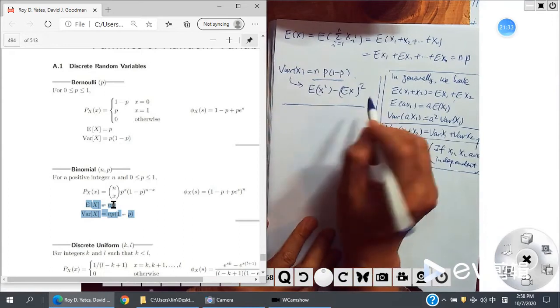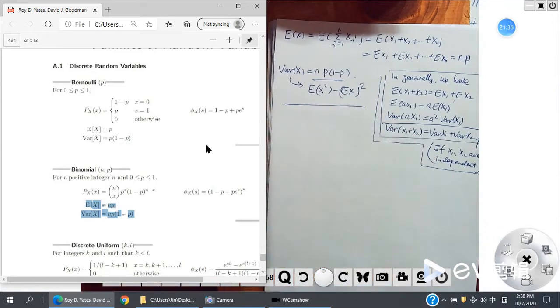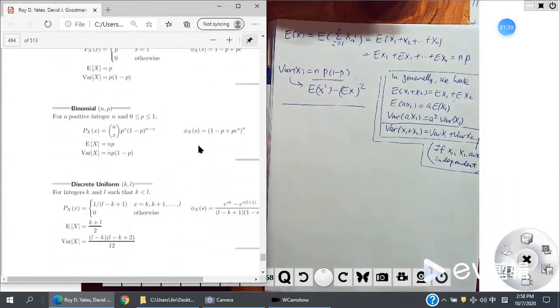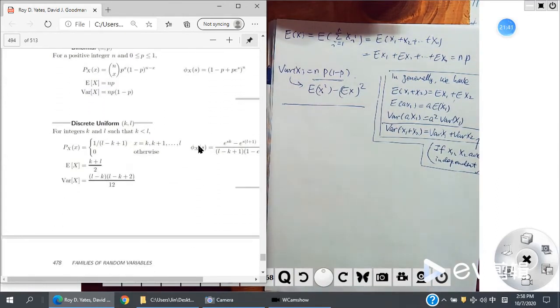So this is a binomial distribution. Then the third one, we consider the uniform distribution, discrete uniform. Here actually it is a uniform over integers.